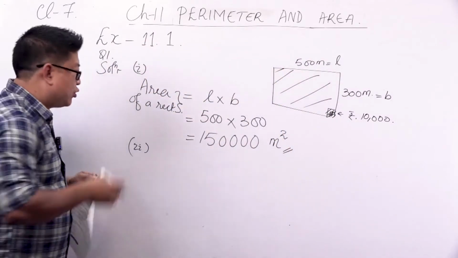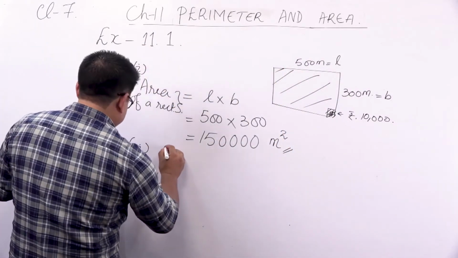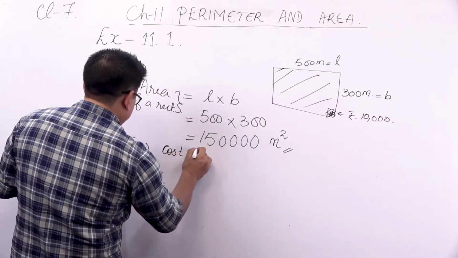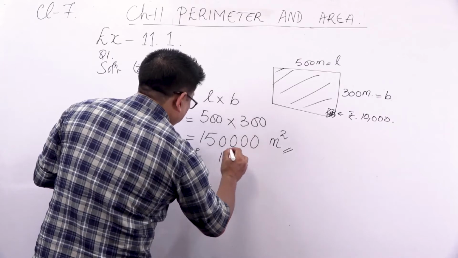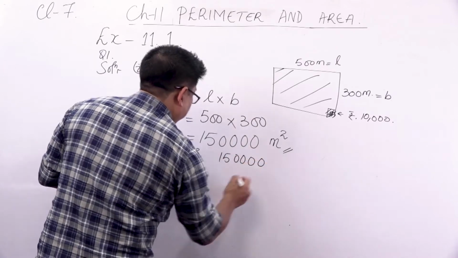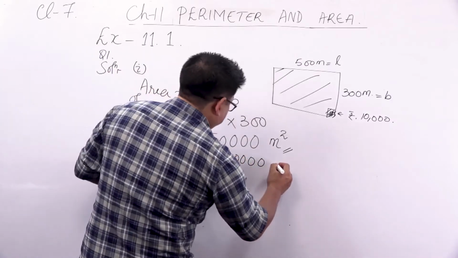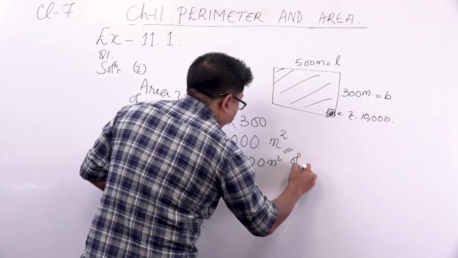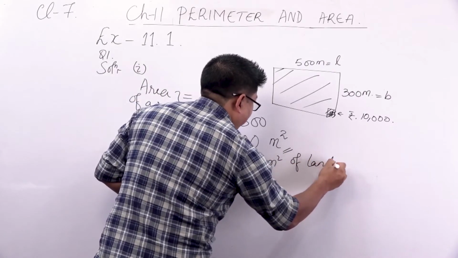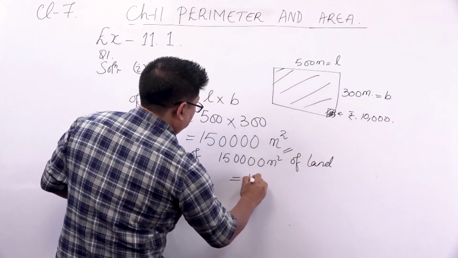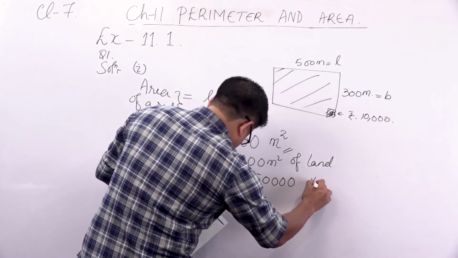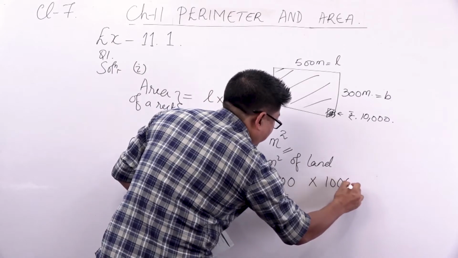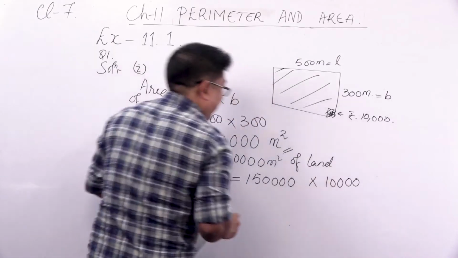So we will write like this: cost of 1,50,000 meter square of land is equal to 1,50,000 into, for 1 meter square it is 10,000.